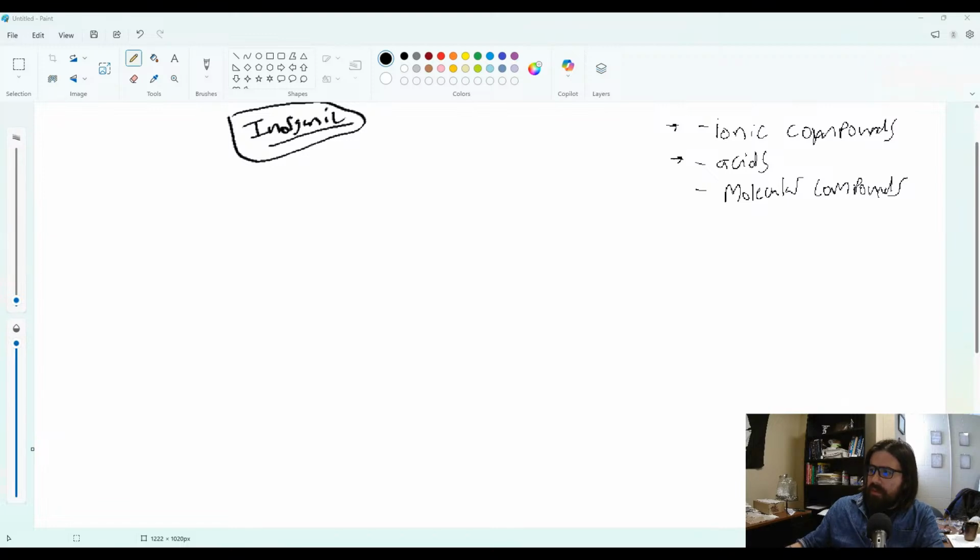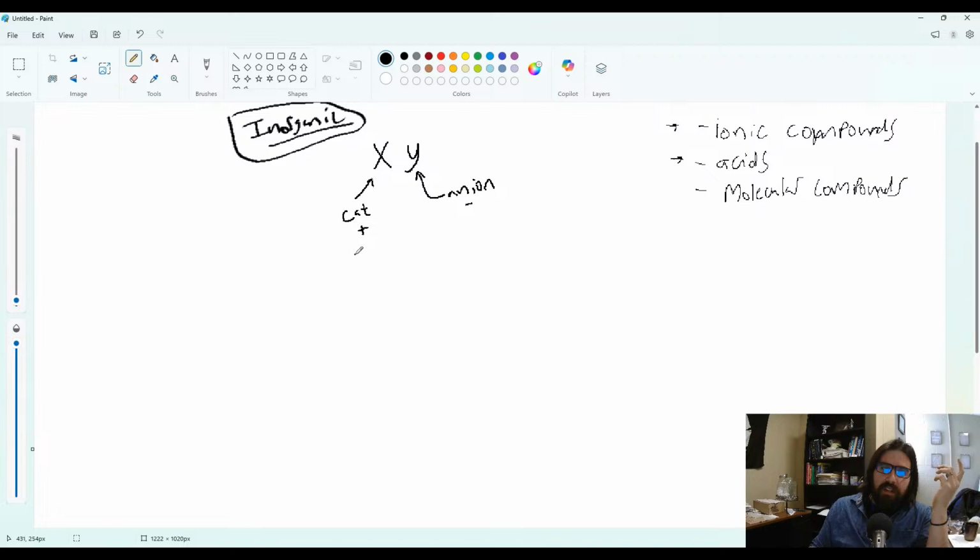Recall that within ionic compounds, there are two pieces to them. There is some kind of cation component, which is positively charged, and some kind of anion component, which is negatively charged. These different cations and anions can be individual monatomic cations or anions, or they can be polyatomic.